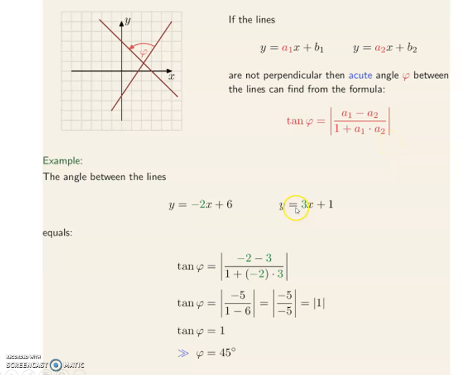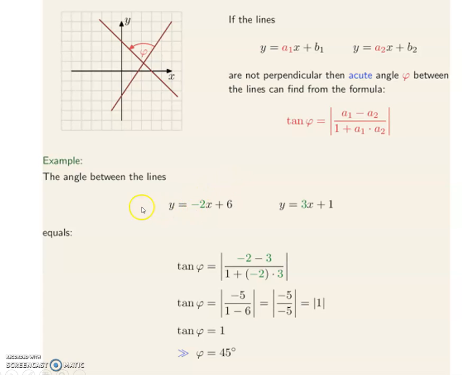The previous slide gives tan theta is equal to m1 minus m2 upon 1 plus m1 into m2. Here y is equal to a1x plus b1 represents the slope point form y is equal to mx plus c. That's why here we consider y is equal to a1x plus b1 where a1 is m1, and y is equal to a2x plus b2 where a2 is m2.